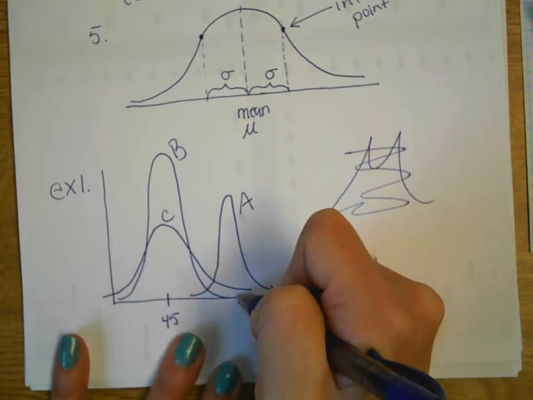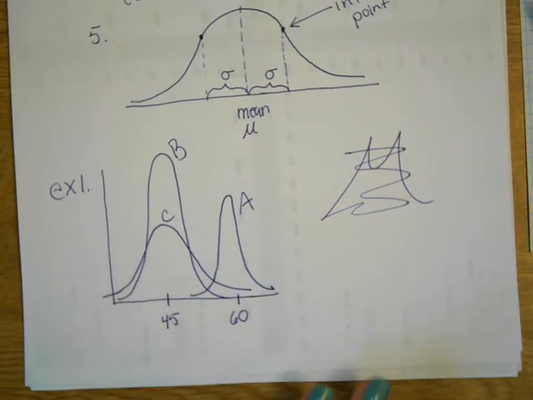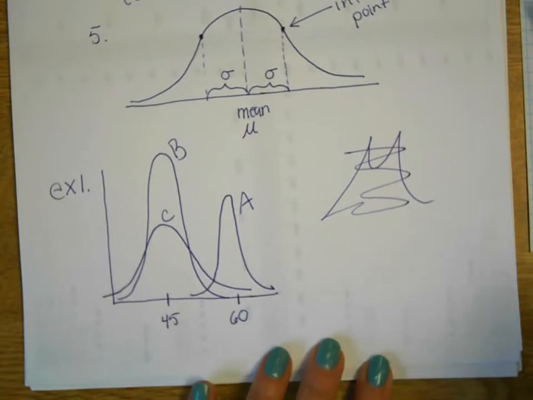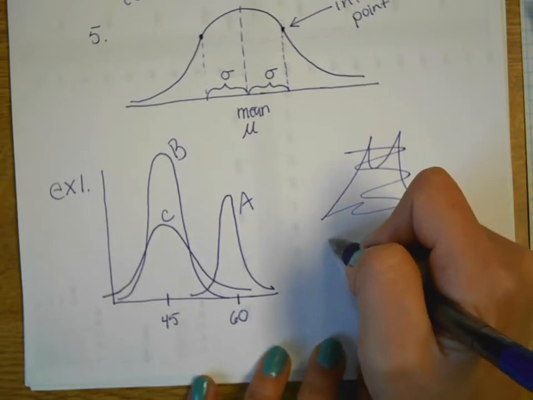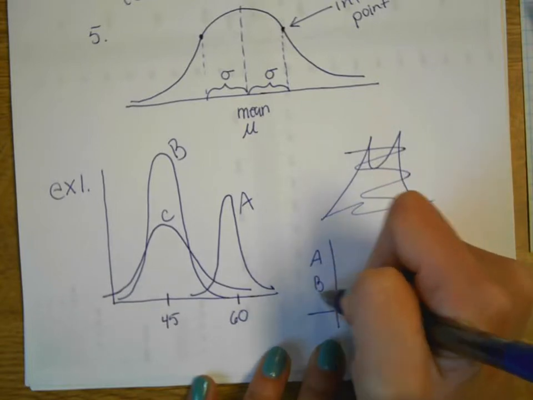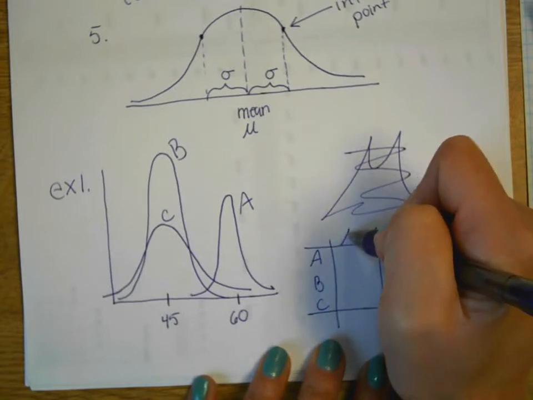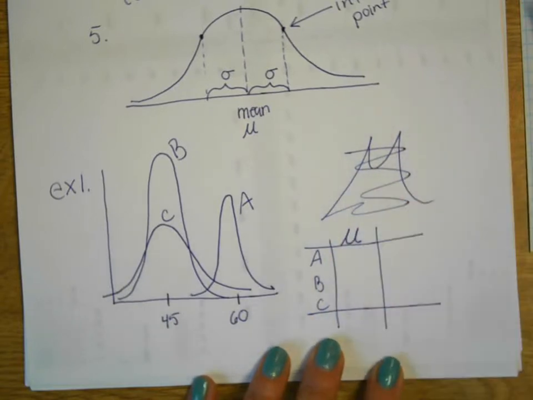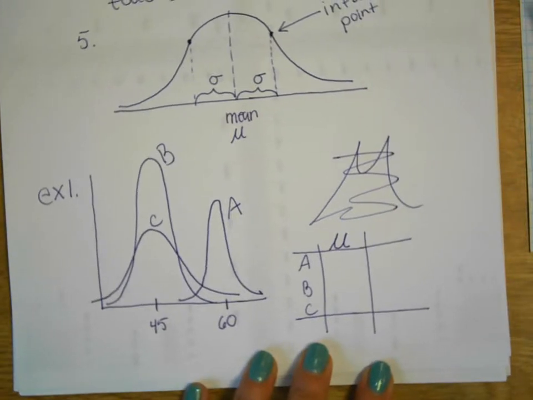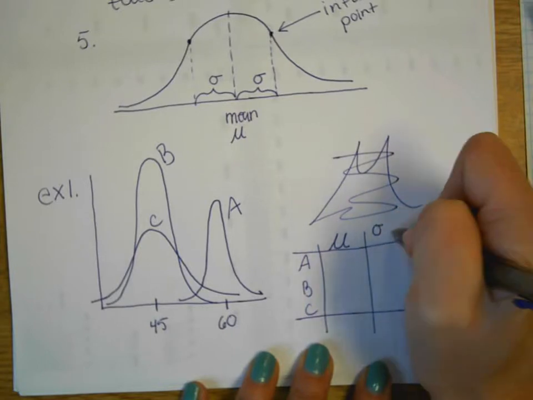$45 and $60. Okay, we're going to make a little table of answers. A, B, C. I want you to tell me the mean of each graph, and then I want you to order the standard deviations from smallest to biggest.